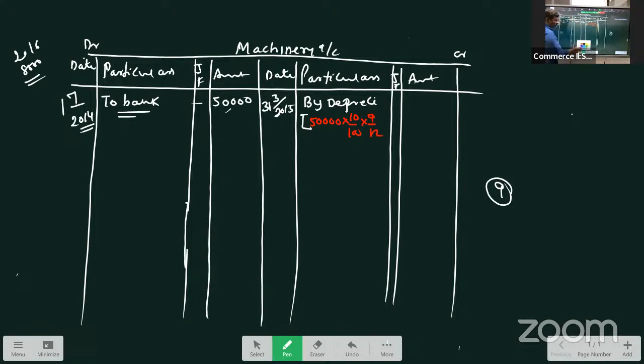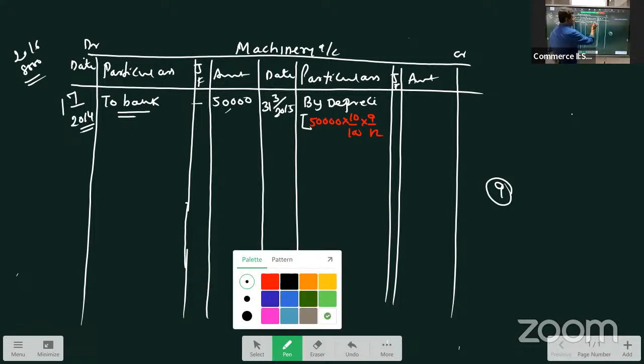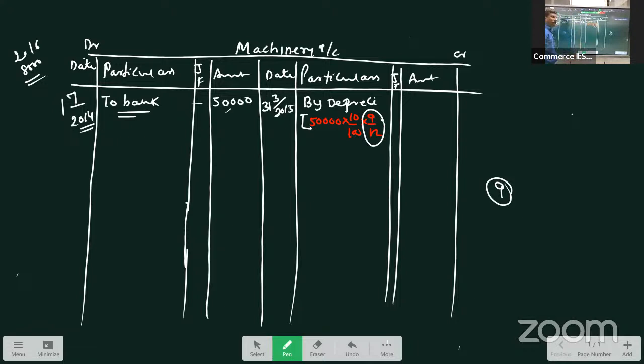Sir, in the last problem, you did not take 9 by 12 because in the last problem, we had taken a case where the asset was purchased on 1st of April, exactly on the first day of our financial year. But here we are purchasing it in the month of July. So as I said, from July to March, 9 months. So we have to calculate for 9 months. So how much it would be? 3 3s are 9, 3 4s are 12, 4 1s are 4, 4 2s are 8.